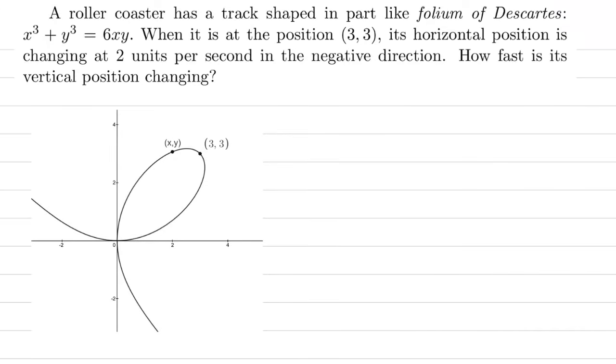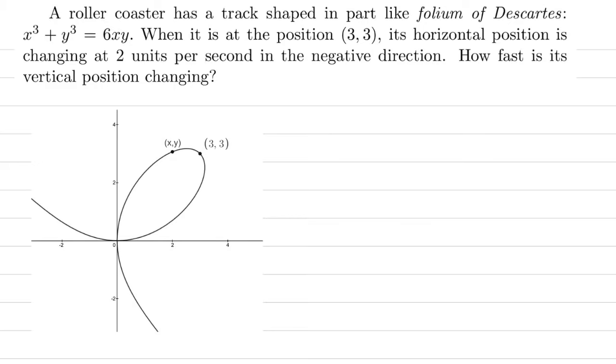So suppose this is a coordinate xy, where is the horizontal and where is the vertical position? Suppose this is point xy. Where in this xy is the horizontal and the vertical position?